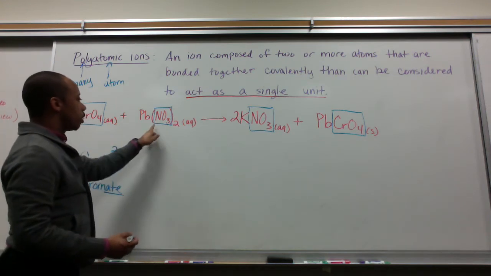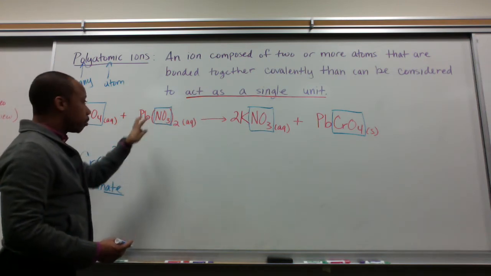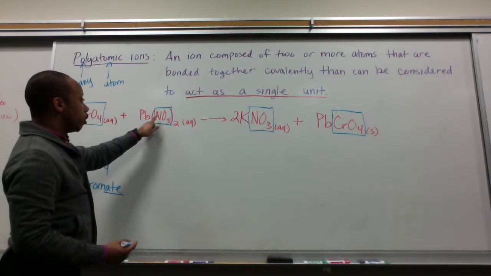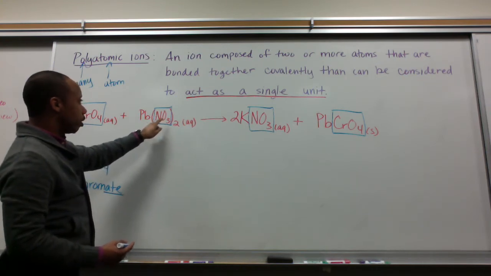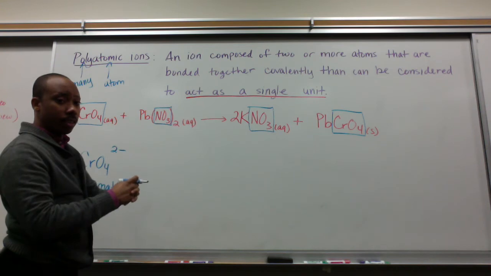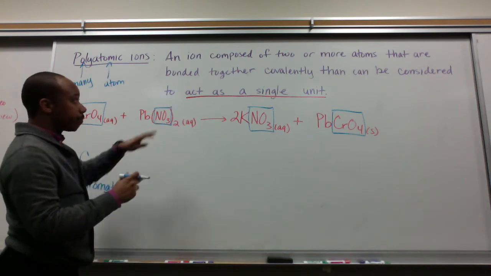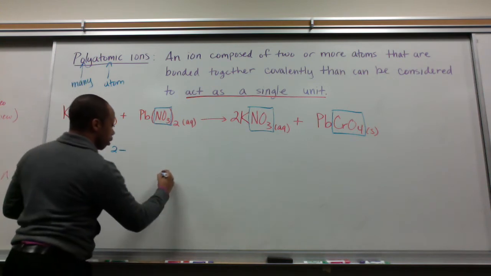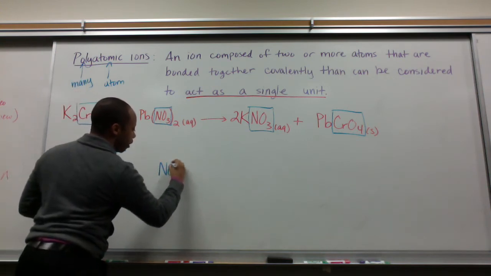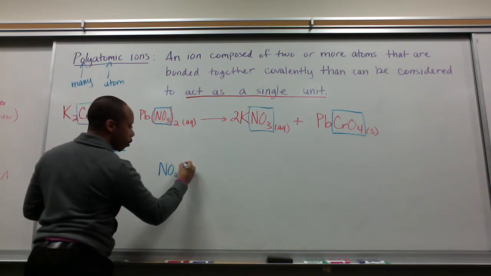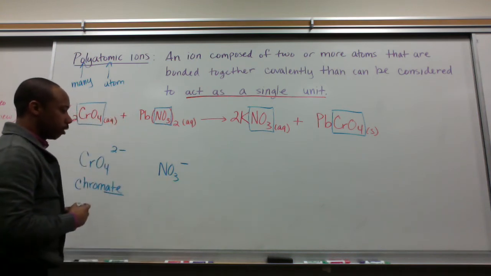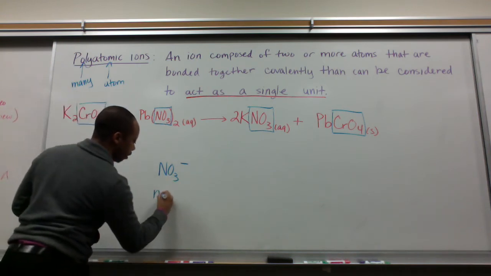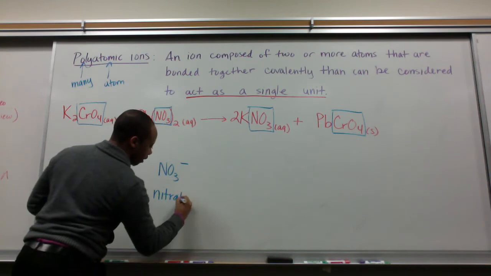Our next example was this NO3. NO3 was a cluster of two nonmetals that were bonded together covalently, and they act as a single unit. So we have NO3. It has a charge of 1 minus. This is known as nitrate.